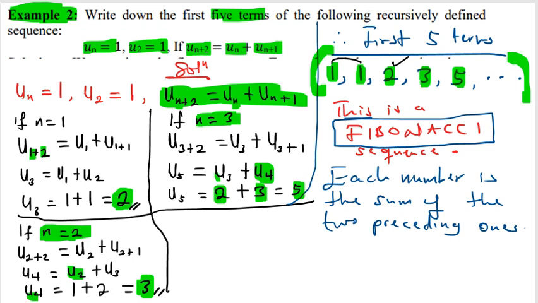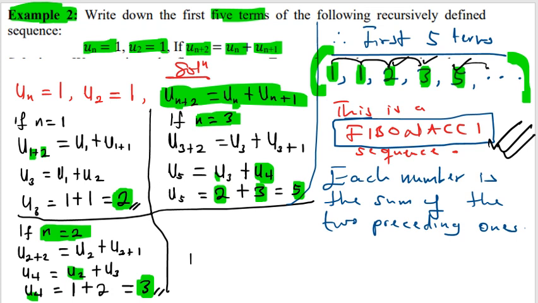If I add these 2, I'll get 3. If I add these 2, I'll get 5. So what it means is that if I add the next 2, I have to get the next one. That's how the sequence is. Whenever you see a sequence in that form, we call that sequence a Fibonacci sequence. Let's take note of that.